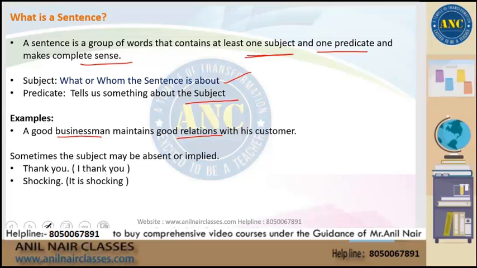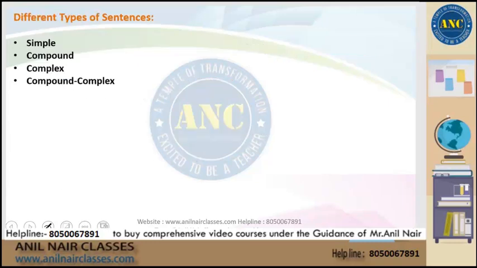When you say shocking, you're trying to say it is shocking indirectly, wherein the subject is it, the instant you are talking about. Hence, a sentence contains at least one subject and one predicate, and by itself it has to make complete sense. Let's understand the different types of sentences.